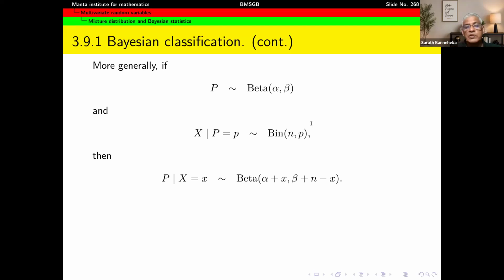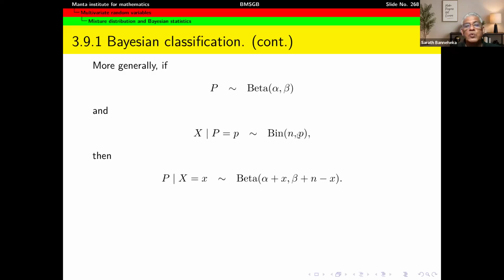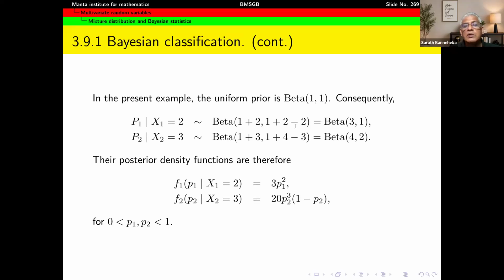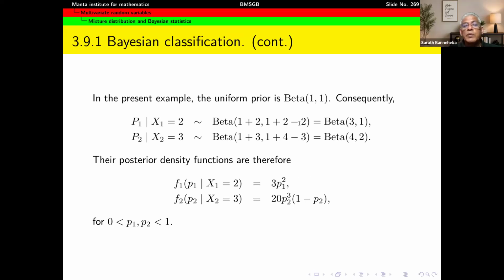So in that case, you can see that alpha is equal to 1, x is equal to 2, right? And then beta is equal to 1 also. And therefore 1 plus 2 minus 2. Here n is equal to 2, right? We have two observations in the binomial case, but beta is equal to 1 plus 2 minus 2.